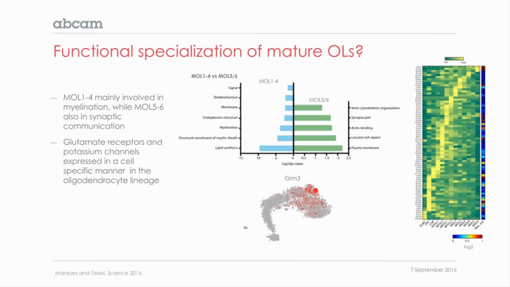One example of this is the metabotropic glutamate receptor GRM3. We then analyzed other glutamate receptors and other channels expressed in our data set, and we could see that the different populations express this receptor, although many of them express it in a scattered way.